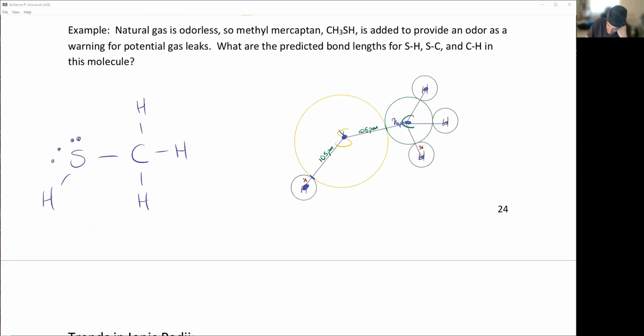So we're going to do these calculations. If we're taking a look at the distance, the SH bond length equals the radius of hydrogen, which is right there, plus the radius of sulfur, which is right here.